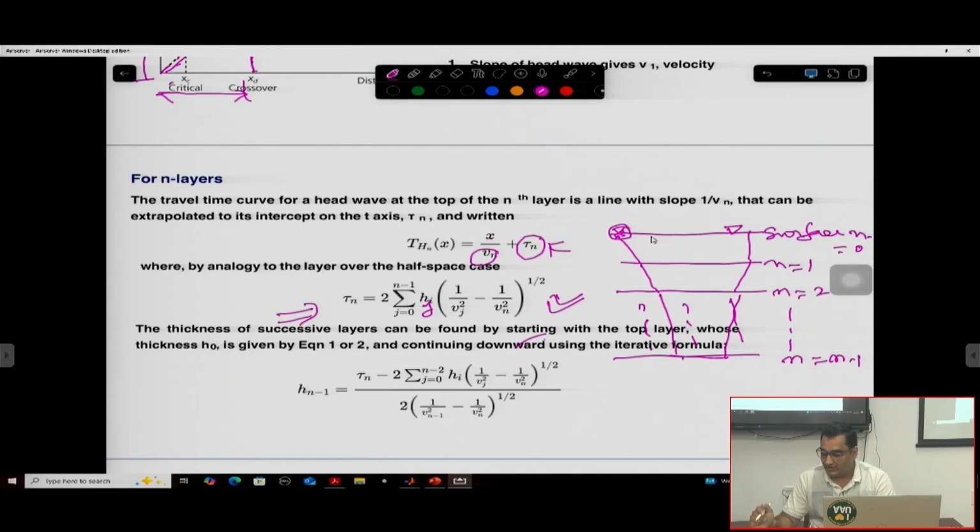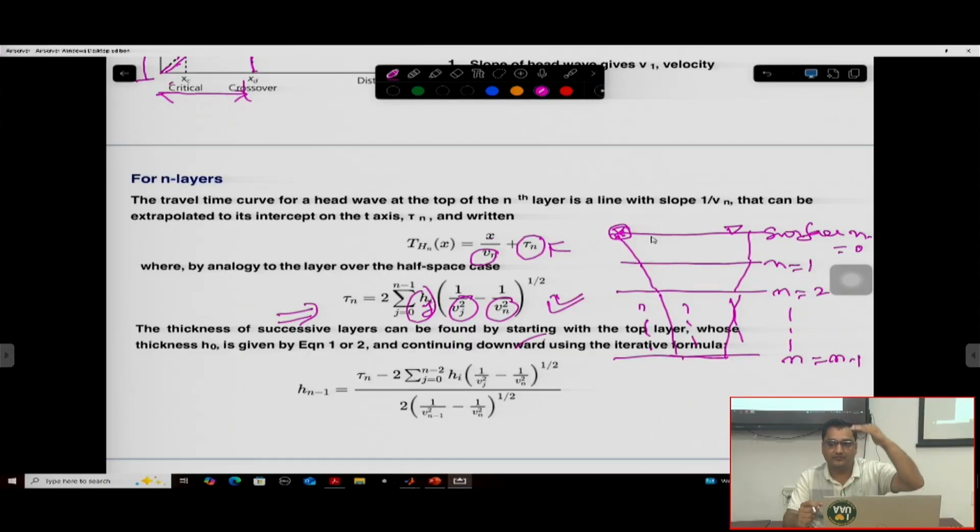Now if you want to calculate this tau n, you need to have the values of hj, vj and vn. For this purpose you need to basically use an iterative process.